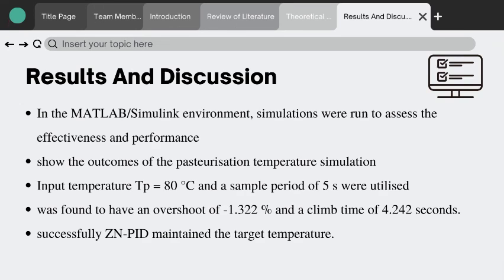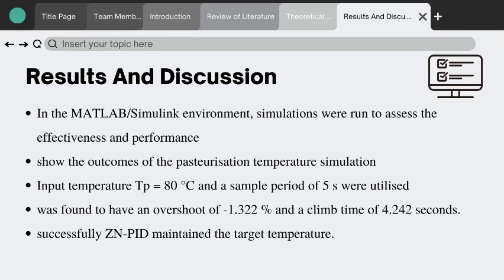Results and discussion. In the MATLAB Simulink environment, simulations were run to assess the effectiveness and performance of the control method for the predicted pasteurization temperature. Figures X to X show the outcomes of the pasteurization temperature simulation.